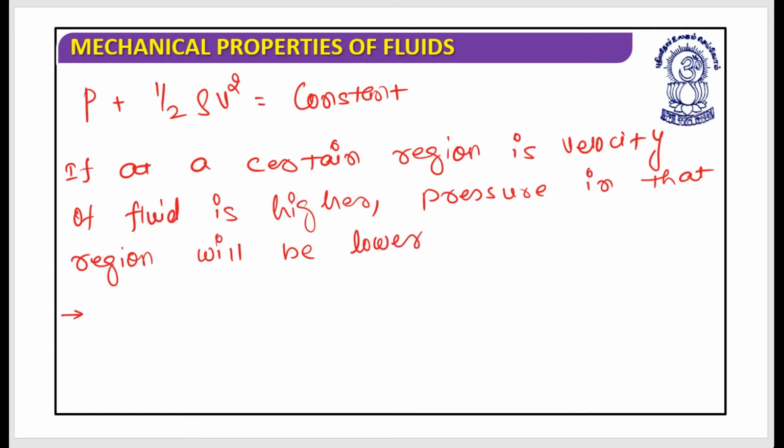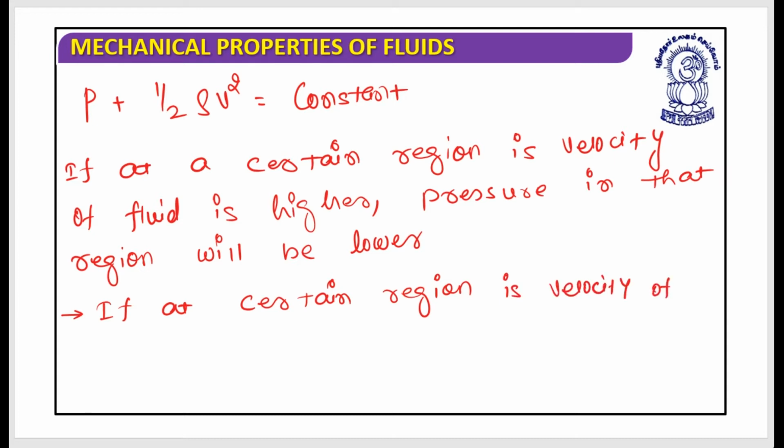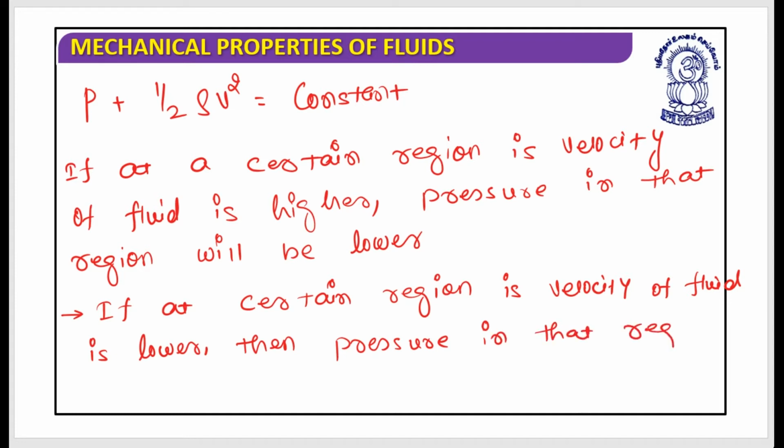Or the reverse could also be said: if at a certain region the velocity of fluid is lower, the pressure in that region will be higher.